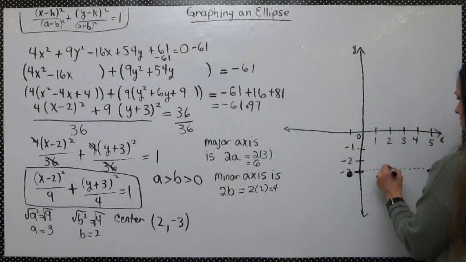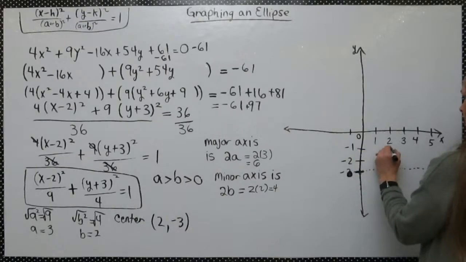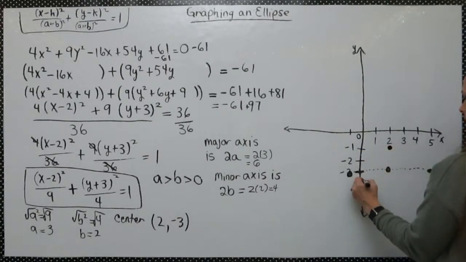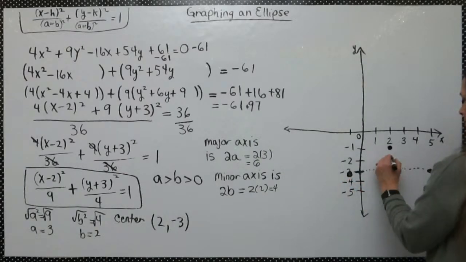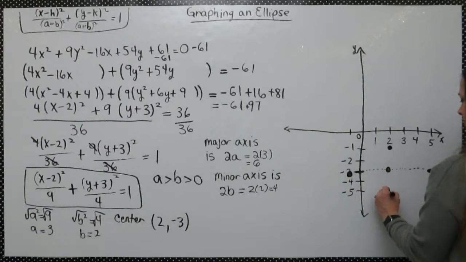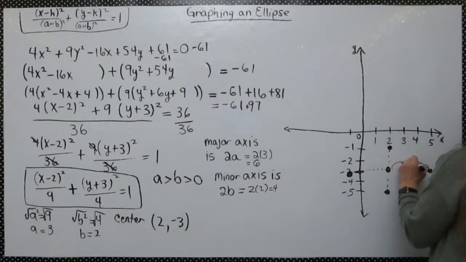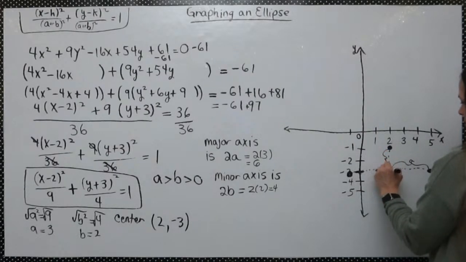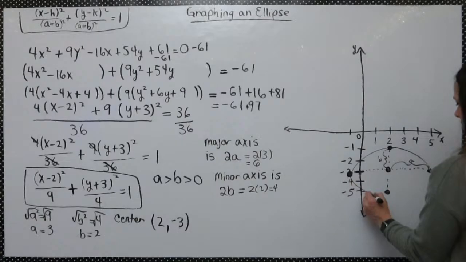So 2 up is going to put me at -1, and 2 down, 4, is going to put me at -5. So the minor axis and the major axis. This distance right here is A, and this distance right here is B. And here is your ellipse.